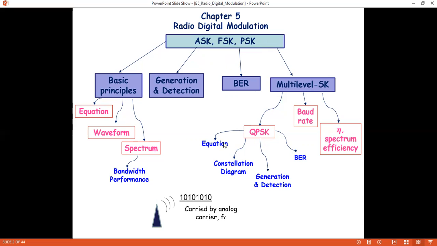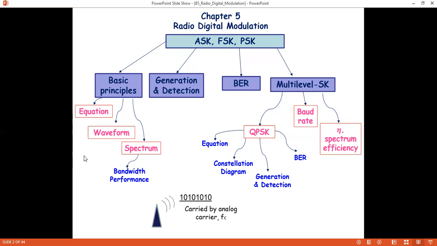We look at the equation, constellation diagram, how to generate and detect QPSK signals, and also the bit error rate performance. And under multi-level shift keying, we'll also learn about new concepts such as baud rate and spectrum efficiency.